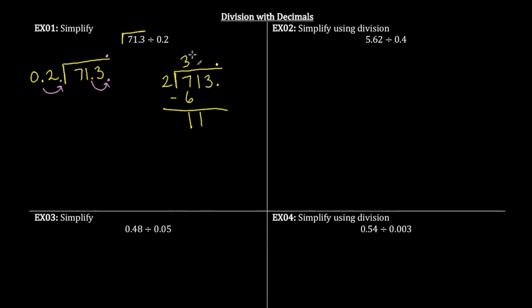2 goes into 11 5 times. We get 10. We subtract, we get 1. Ooh, I forgot to write the little arrows. 2 goes into 13 6 times. We get 12. And let's put a placeholder here.